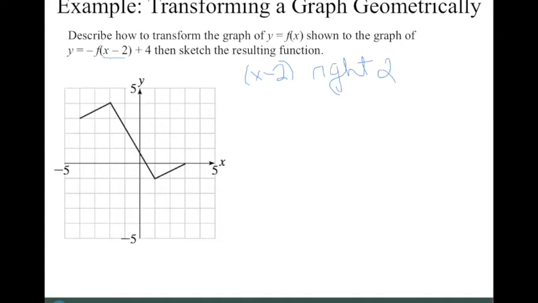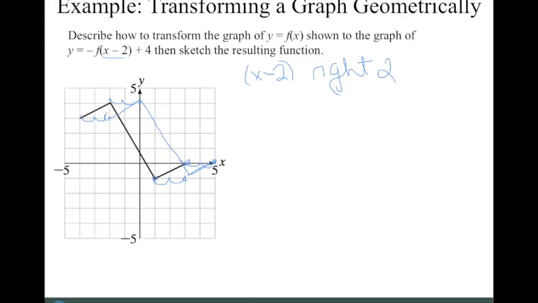So I take my graph, I'm going to find some points that are easy to move, and I'm going to go 1, 2 units to the right. Take this point as well. We'll take this point, and we'll take this point. And so here is our new graph.